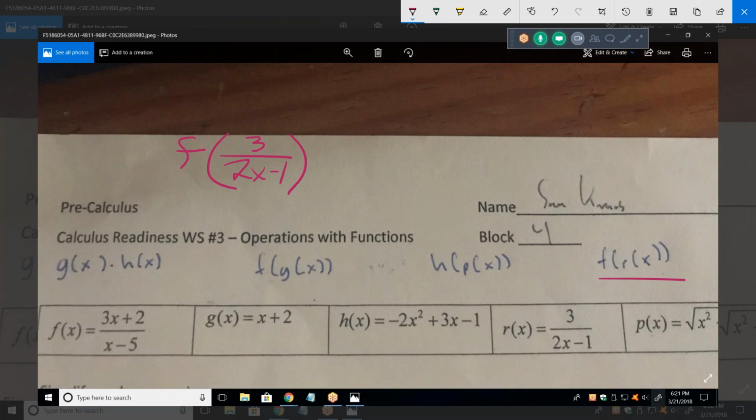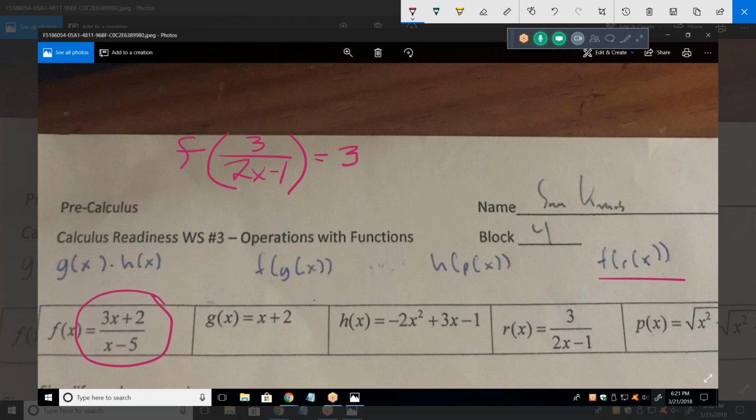And now let's go to the f function. What's next? You plug it in. Read it to me. In the parentheses, 3 over 2x minus 1. Hold on. And plus 2.